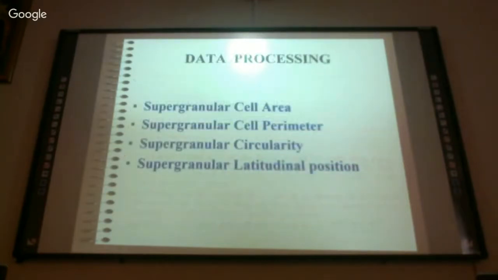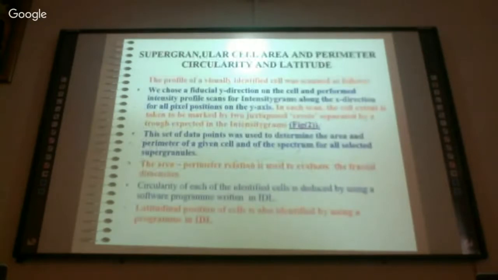And then there is the data processing of the cell area, cell perimeter, supergranular circularity, and supergranular latitudinal positions. These were carried out. So the profile of the visually identified cell was taken as follows. We chose a fiducial y-direction and performed a velocity profile scan along the x-direction for all the pixel positions along the x-axis.